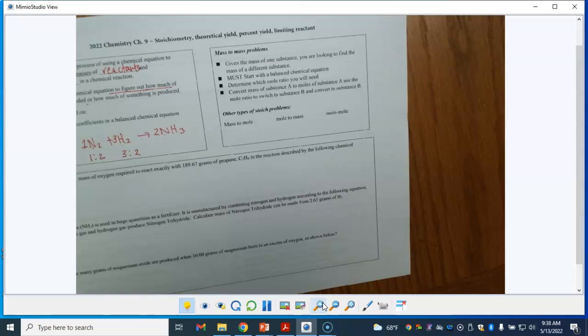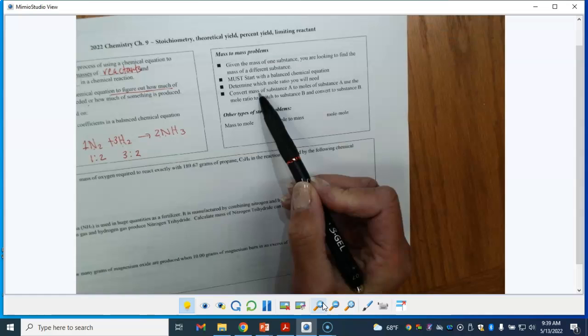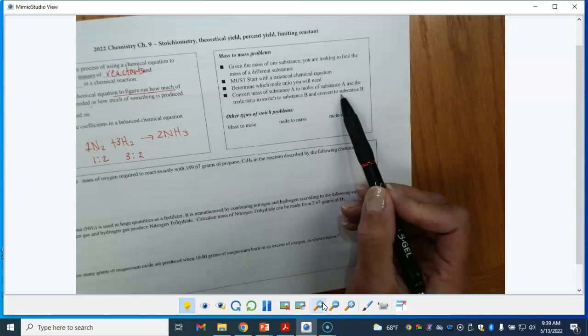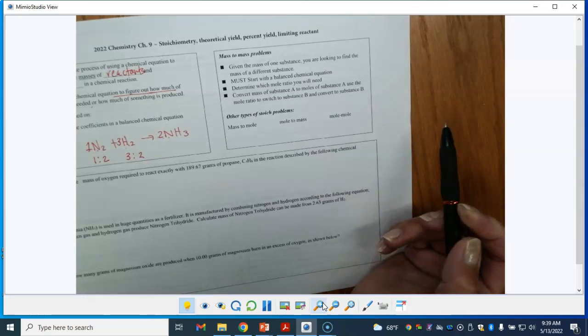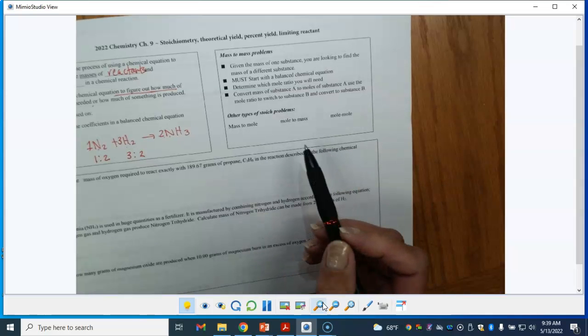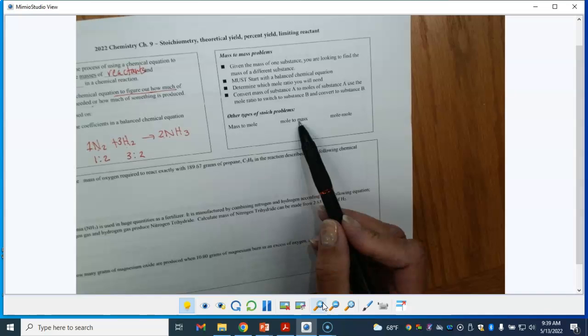We have to determine which mole ratio we are going to need to use. Then we're going to convert the mass of substance A to moles of substance A, use the mole ratio to switch to substance B, and convert to mass of substance B. And this will make a lot more sense when we do a few problems. Some other types of stoichiometry problems are mass to mole to mass, and mole to mole.